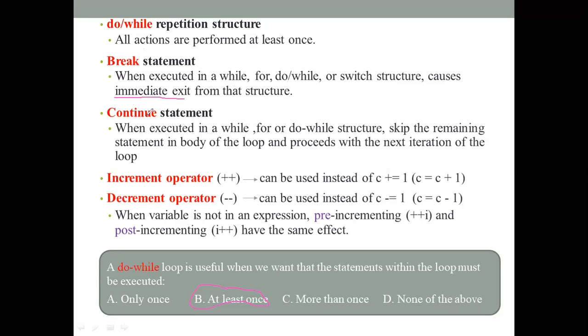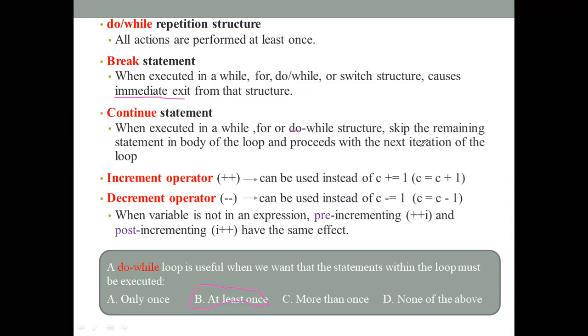How about the continue statement? When you use continue in a for loop, while loop, or do while loop, it skips the remaining statements in the body of the loop and proceeds with the next iteration of the loop. What does continue mean? It will skip the remaining statements and then continue with the next iteration.